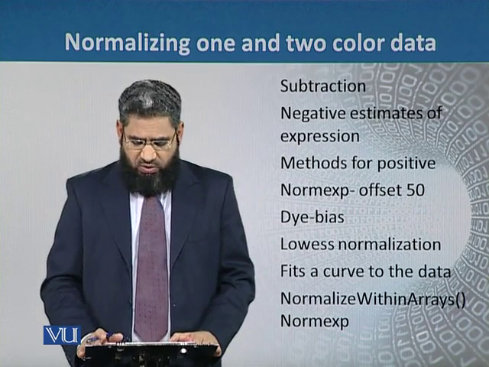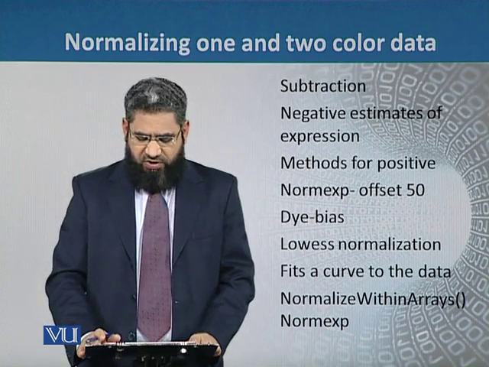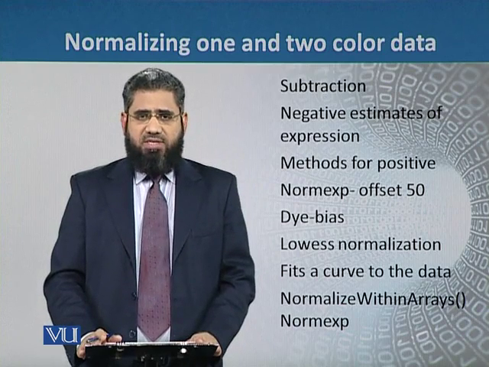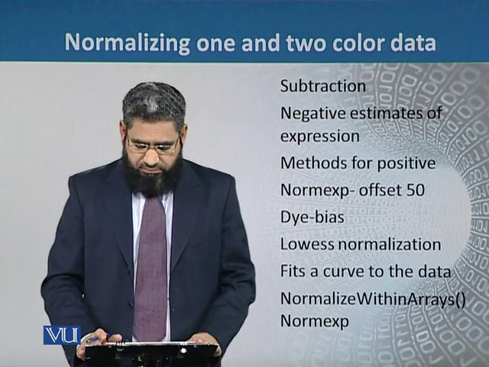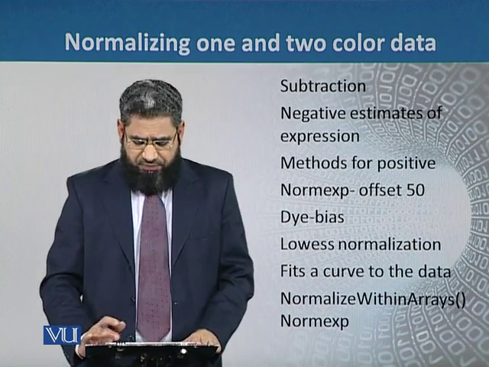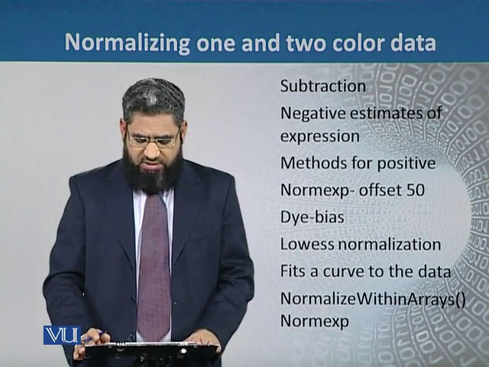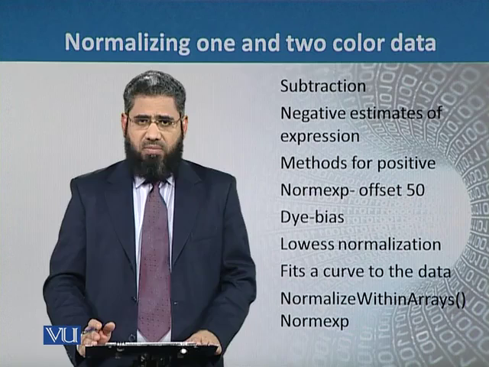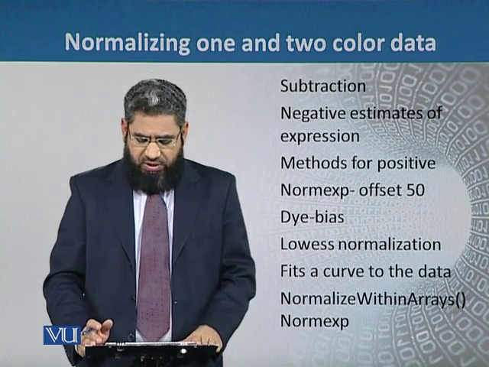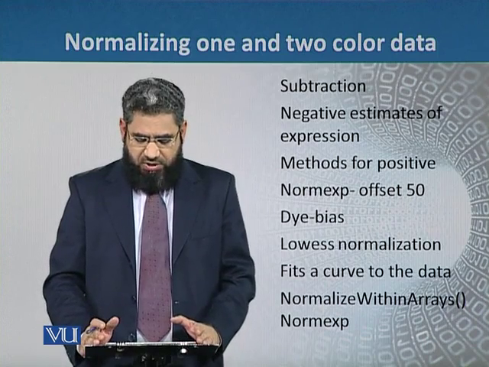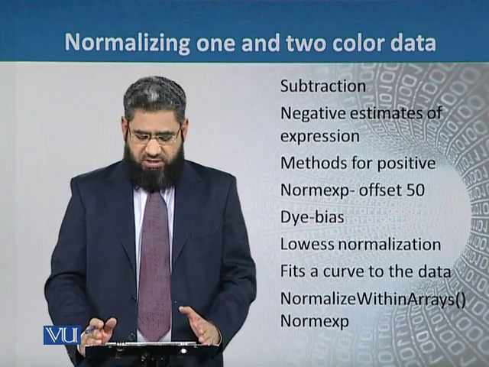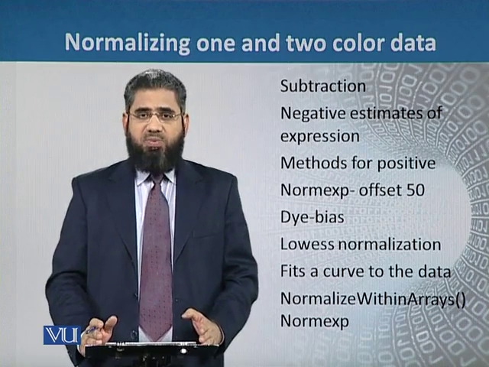In this loess normalization, it fits a curve to the data, and this curve is then used to normalize the expression of the genes. And we can use the command normalizeWithinArrays, and within brackets we can add the data. Secondly, this dye bias loess normalization can be used in conjunction with the norm_xp.